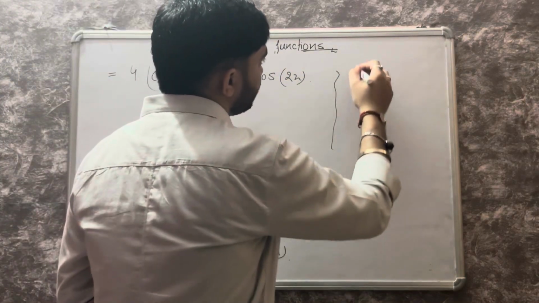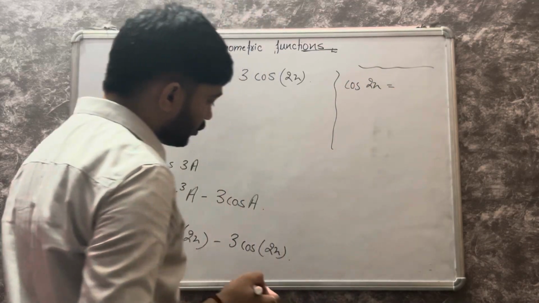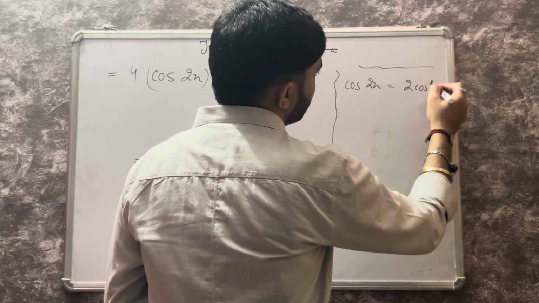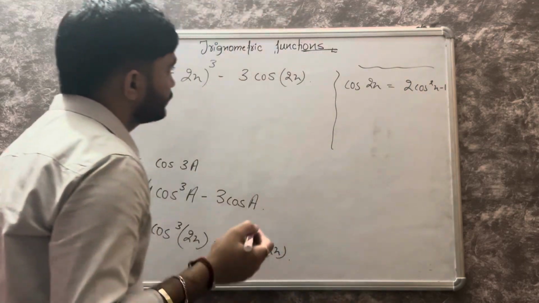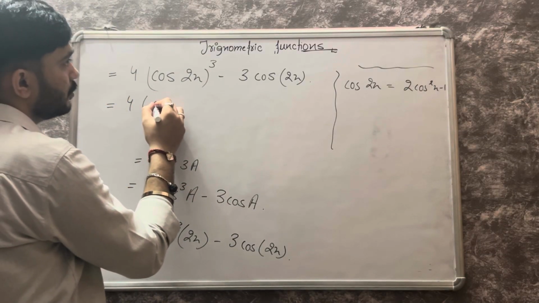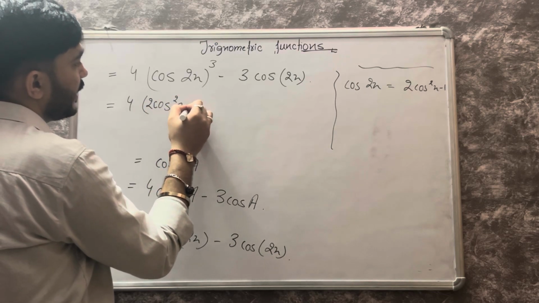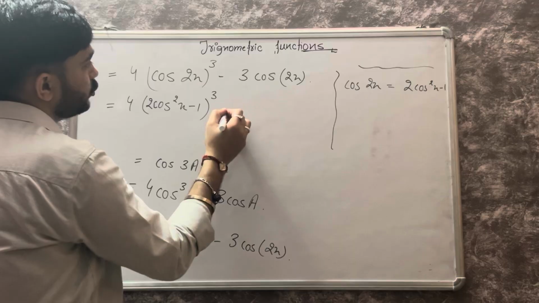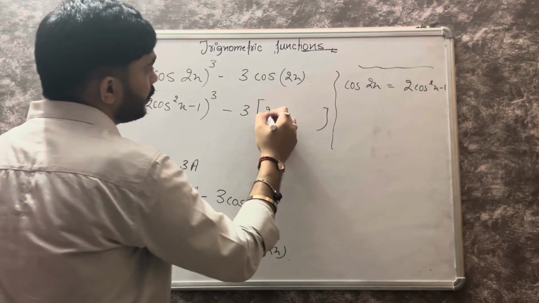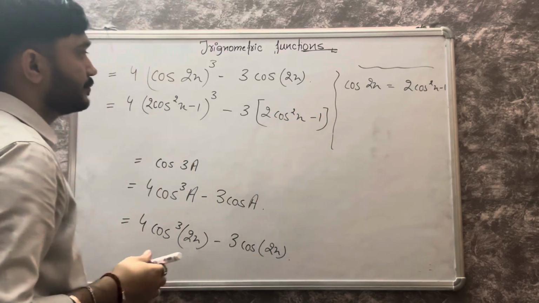We are going to use the formula of cos 2x here. What is the formula of cos 2x? That is 2 cos square x minus 1. Now after using this formula, we will get 4 into (2 cos square x minus 1) whole cube minus 3 into (2 cos square x minus 1).